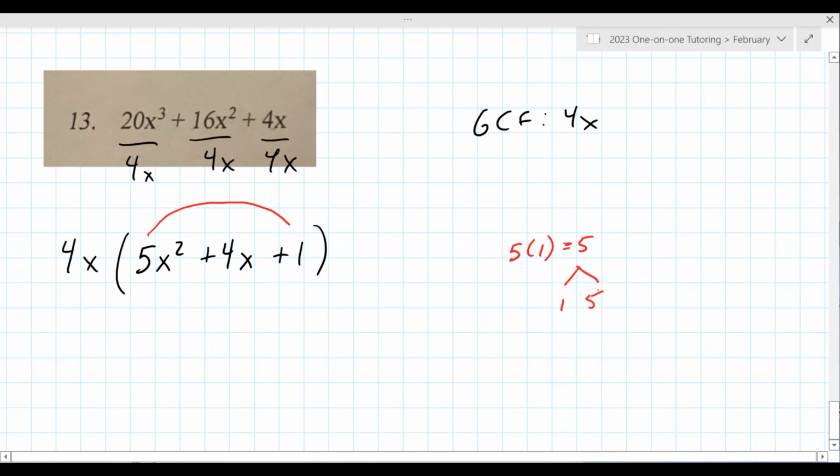But 1 and 5 don't add up to 4. And neither do -1 and -5. So this is totally done. But usually you have to keep going. You have to say, well, maybe I can factor the next thing, and the next thing, and the next thing, and so on.